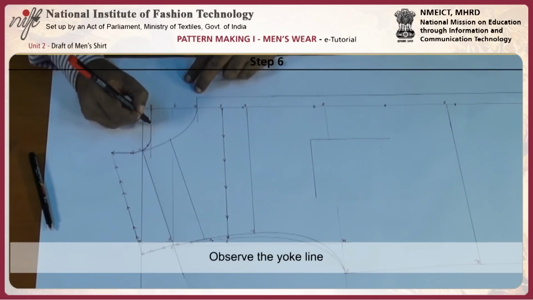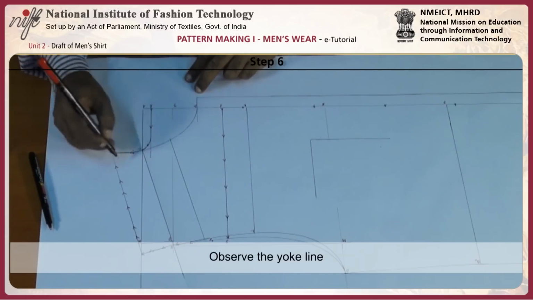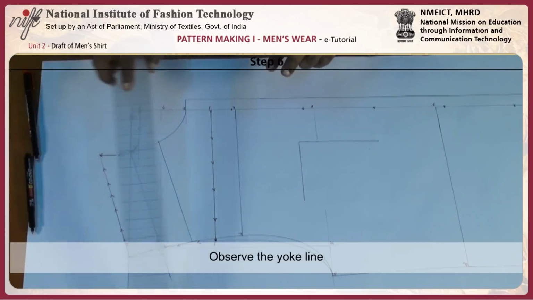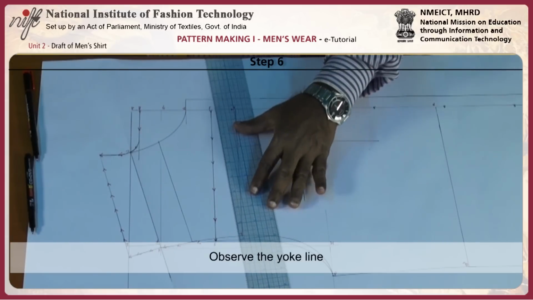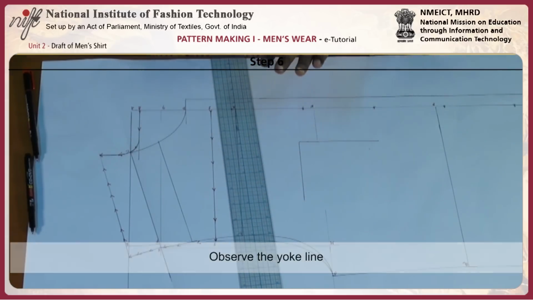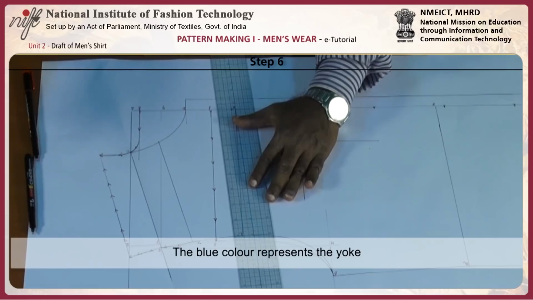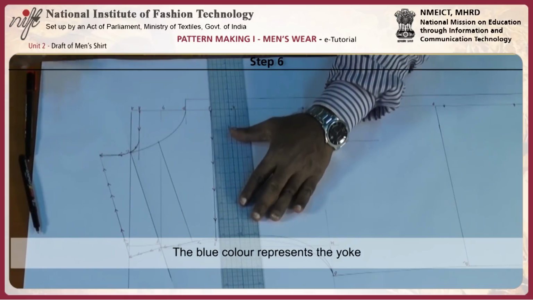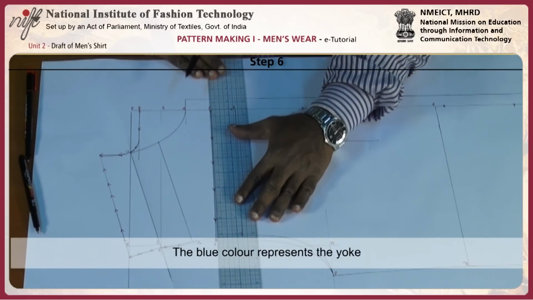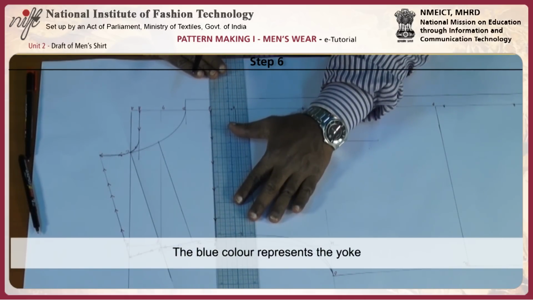You can easily make out the yoke line, which I can show you with a different color. Yoke is represented with the blue color.